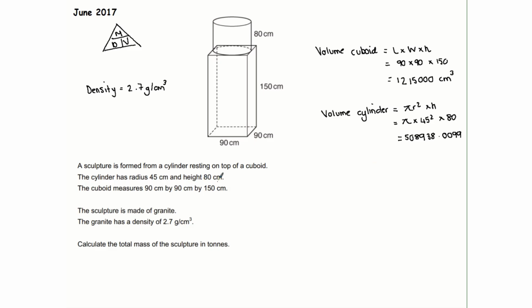I actually want the total volume, so now I need to add these two together. Like I said, make sure you use the whole calculation. It doesn't quite fit on my screen, I'm afraid.